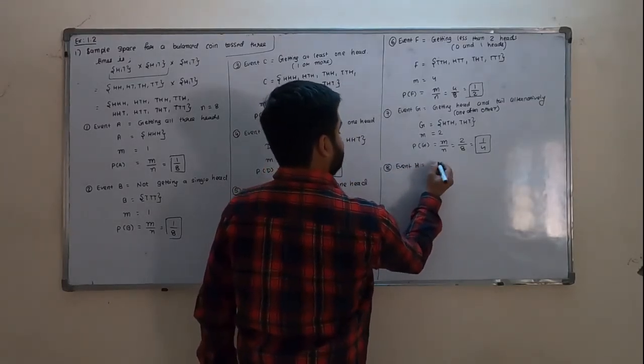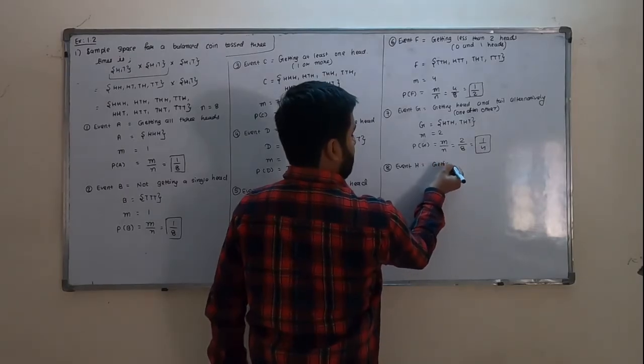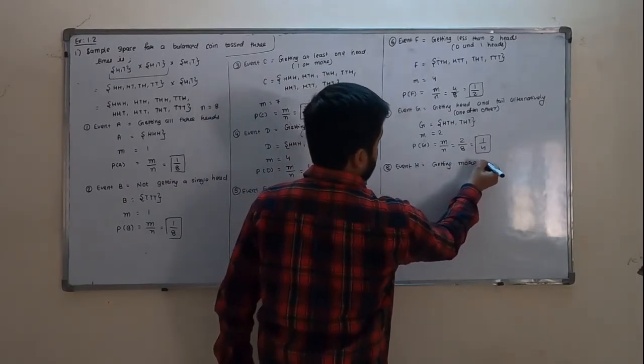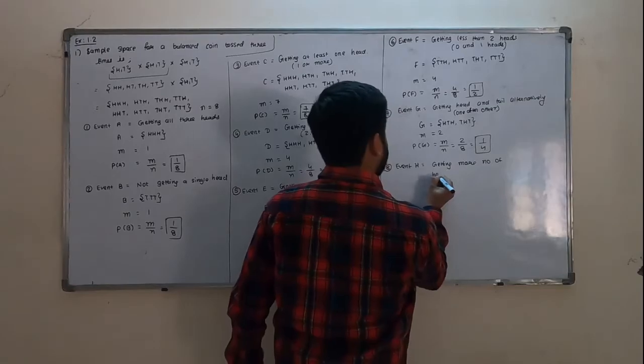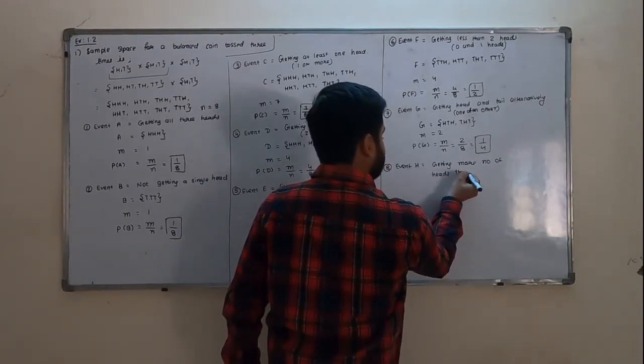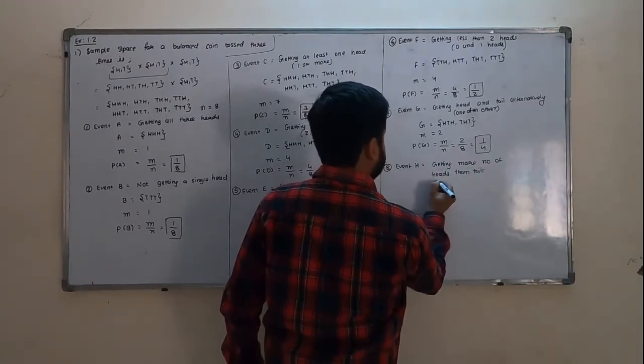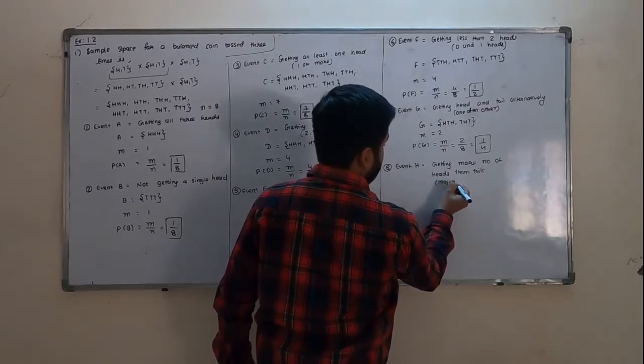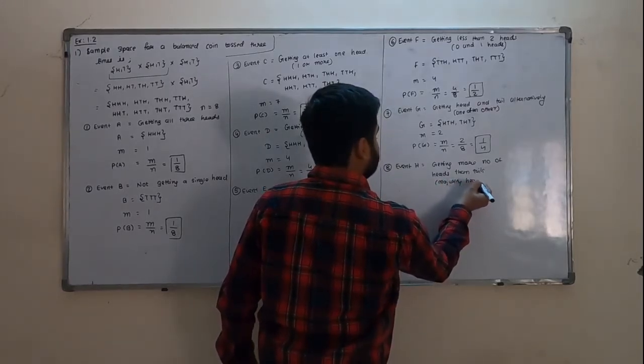Event H. Getting more number of heads than tails means, in short, majority heads.